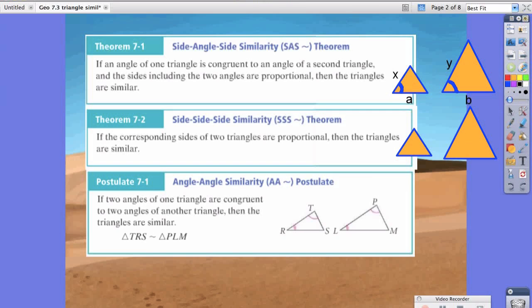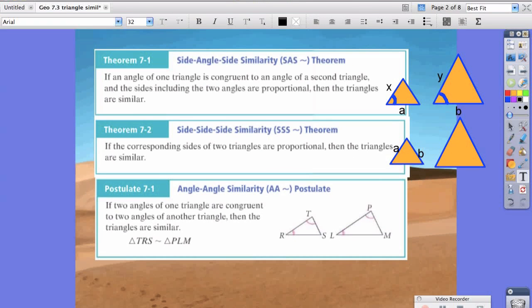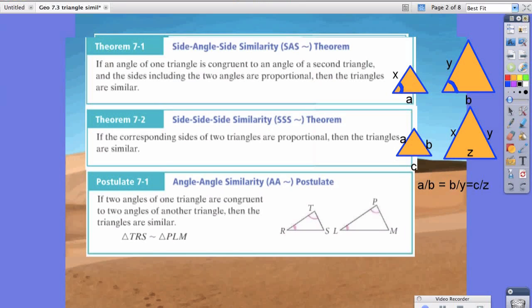All it's really saying here is that if we have A, B, and C, and X, Y, and Z, what this is saying is that if these triangles are proportional to one another, for example, A divided by X is equal to B divided by Y is equal to C divided by Z, then these two triangles are similar.